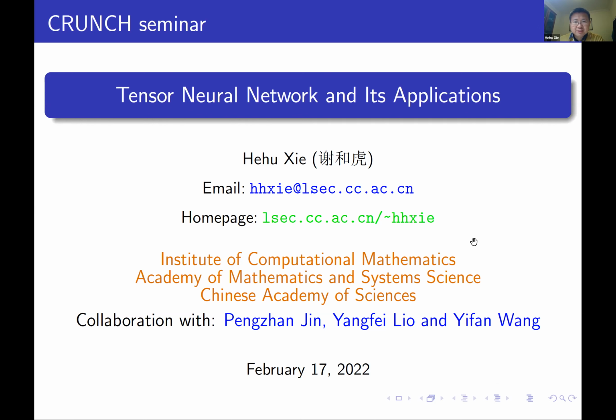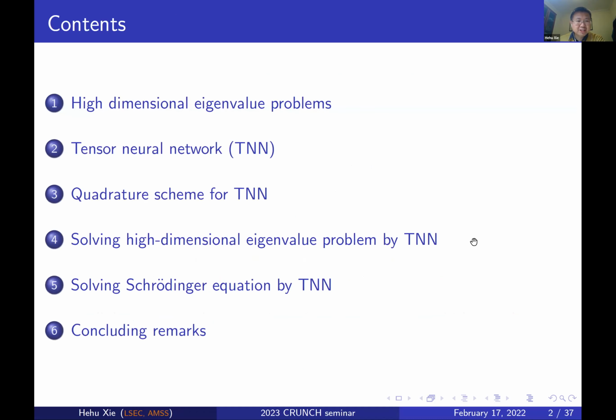My lecture will include six parts. First, I want to introduce our concern, high-dimensional eigenvalue problems, as an example to express our ideas. Then I will introduce the tensor neural network.